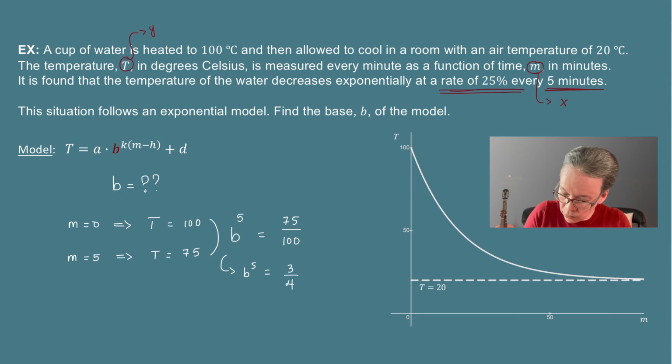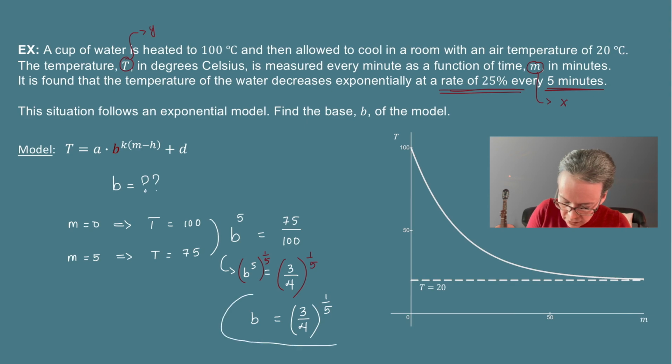And then, in order to eliminate the exponent, we're going to raise both sides to the 1/5. And that is going to give us that b, the base, will be equal to 3/4 to the 1/5. And now this becomes the base of the exponential model.